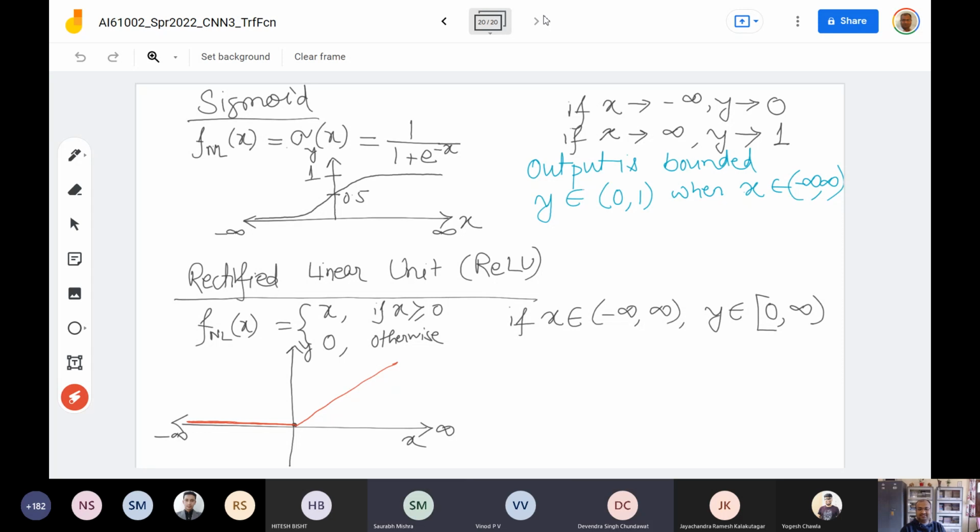Why are we suppressing the negative values in the case of ReLU? ReLU is not used in all cases. There are very specific cases when ReLU is used. I will come to an image-based example when I explain why we do it for ReLU.